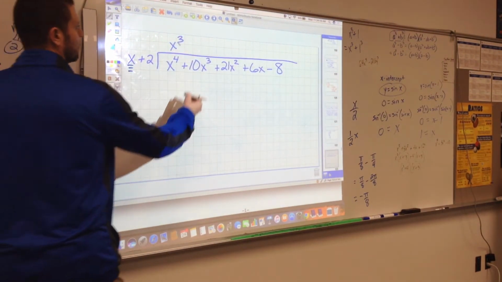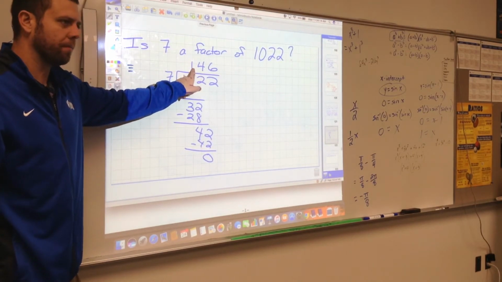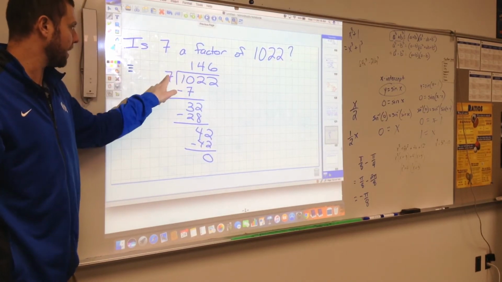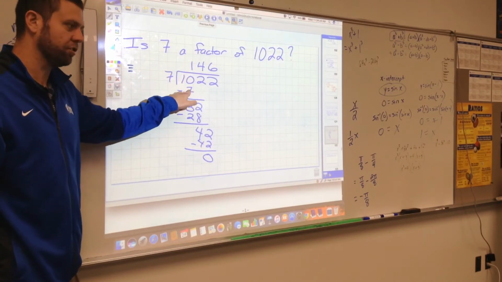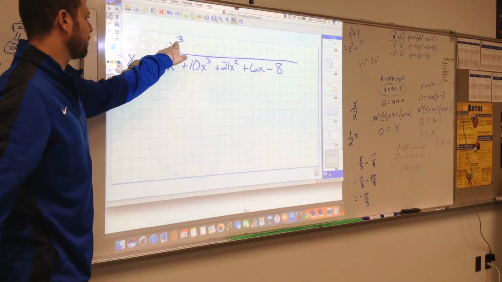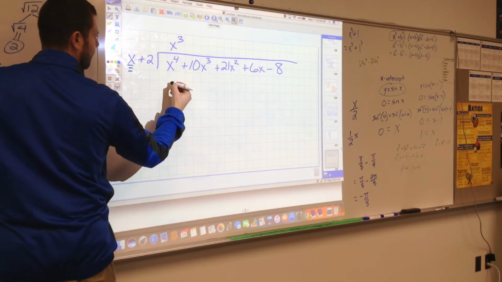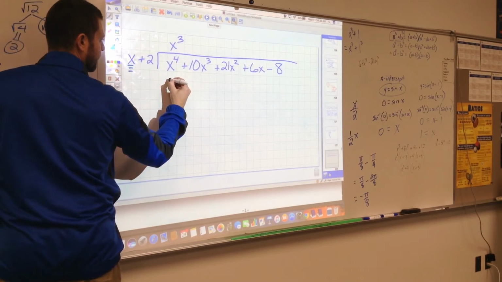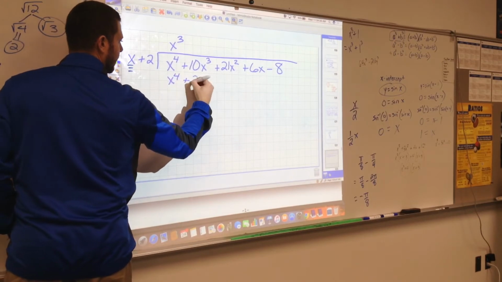Okay, so now let me go back. After you put a 1 up here, what did you actually do with that 1? You multiplied it by 7 and put that number right down here, and then you subtracted it. Same process. I'm going to take this times what's out in front. That gives x to the 4th plus 2x cubed.